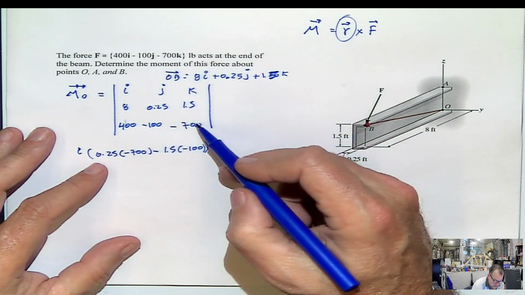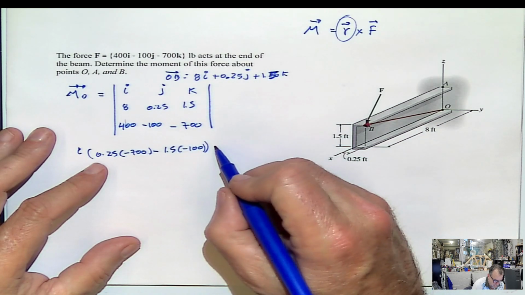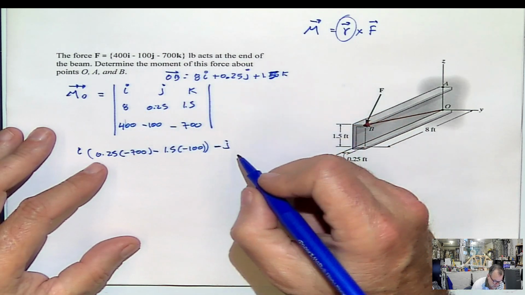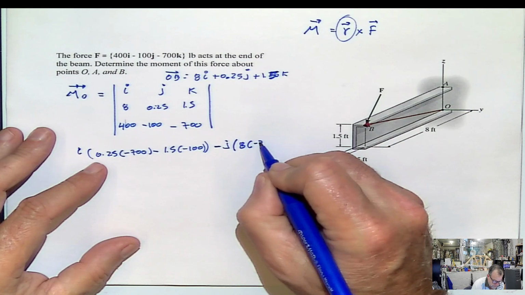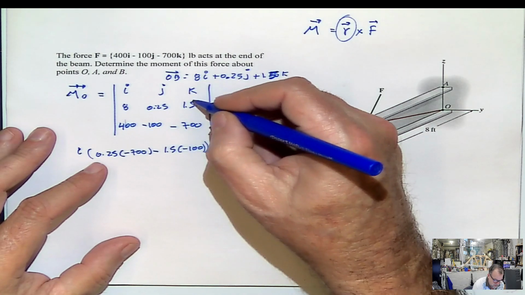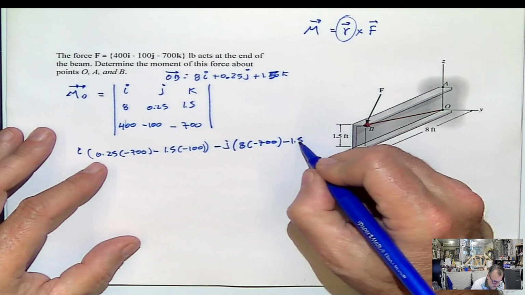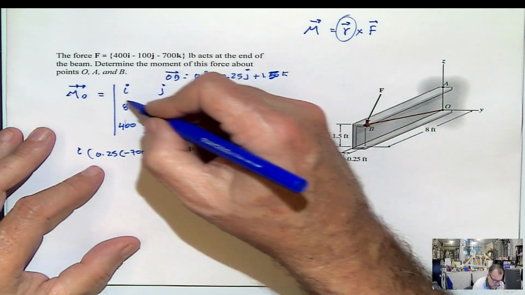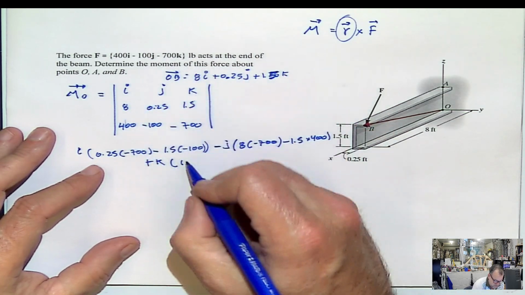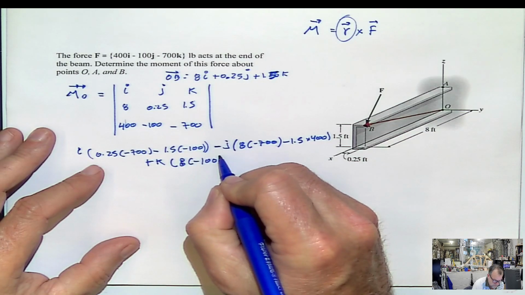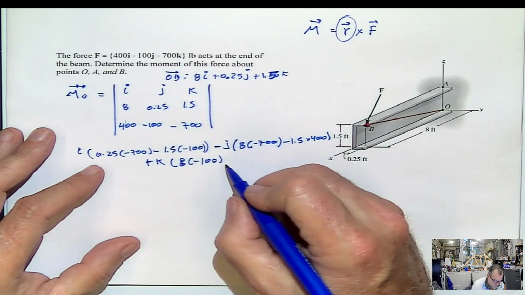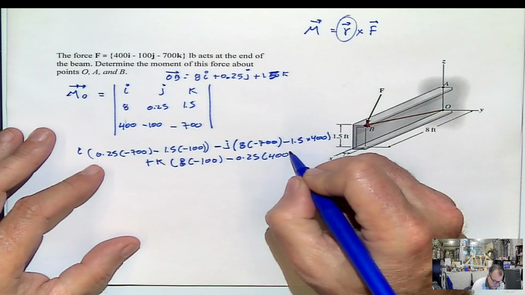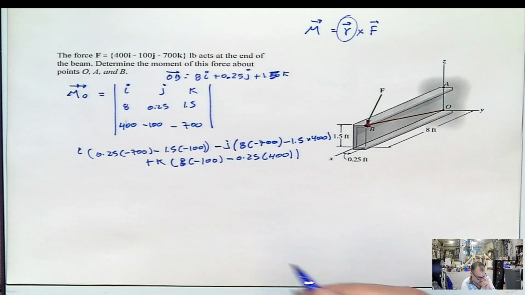So I multiplies this times this, minus this times that, minus J. Now you block this one here, that multiplies 8 times negative 700, minus 1.5 times 400, plus K, that multiplies 8 times negative 100, minus 0.25 times 400. And that will be the solution of that.